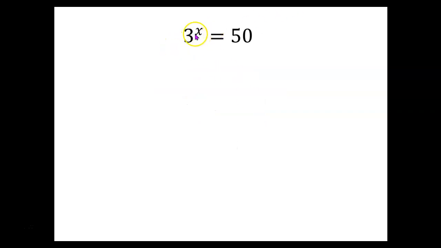Okay, how about this one? 3 to the x power equals 50. One way we can deal with this, we could translate this into logarithmic form. Right now it's in exponential form, something to the something equals something. But what would it look like in logarithmic form?